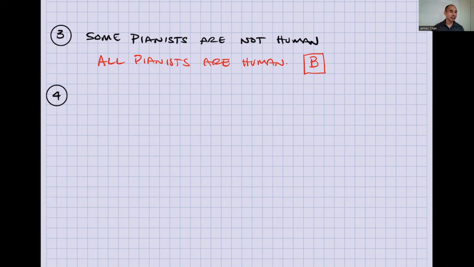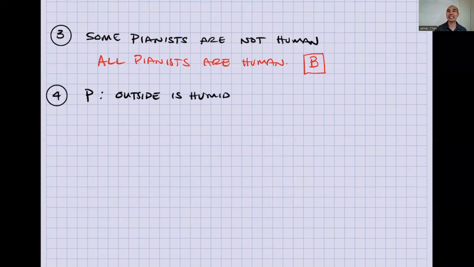Number 4, given that P and Q each represents a simple statement, write the indicated compound statement and its symbolic form. So P is the outside is humid. I'm just going to write down outside is humid, because it says outside humidity is high.